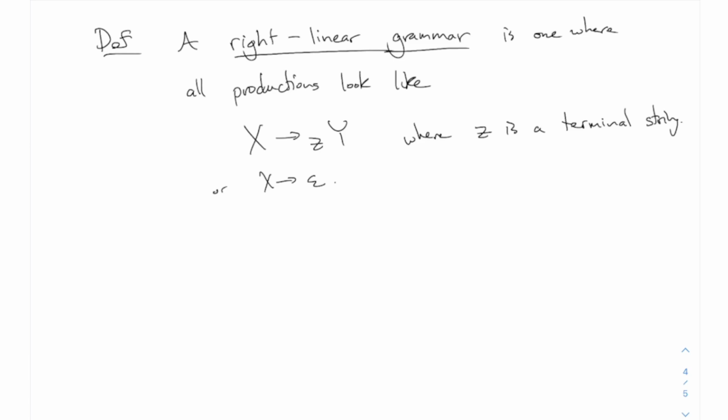For example, here's an example of a right linear. How about S goes to ABAS, or AT? And T goes to AT, or S, or epsilon. This is a right linear because it looks like a single step basically, but it allows for some extra terminal letters in there. All right?